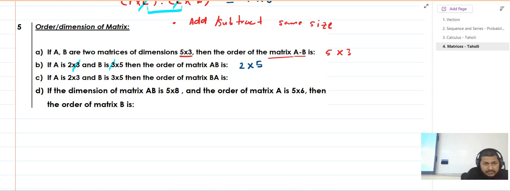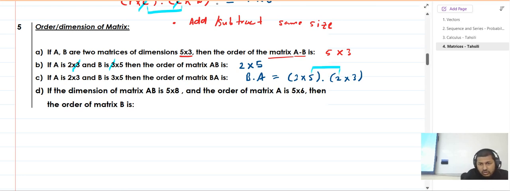Next one. If A is 2 by 3 and B is 3 by 5, then what is the order of the matrix BA? To find BA, what's the size of B? B is 3 by 5, right? And A is 2 by 3. What you notice is that the inside is not the same.